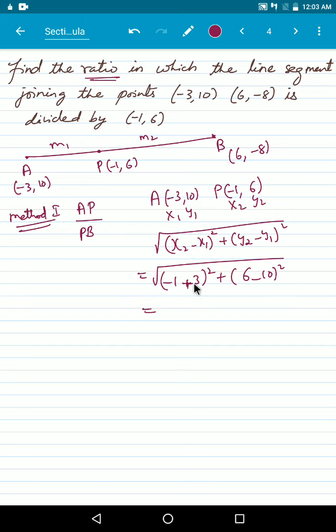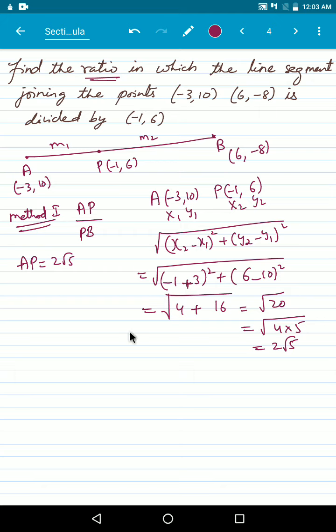So 2 square is 4, plus this is -4, -4 square is 16. So root 20 will come. We can write 20 as 4 into 5. So root 4 is 2, root 5 is root 5 only. So AP we got as 2 root 5.